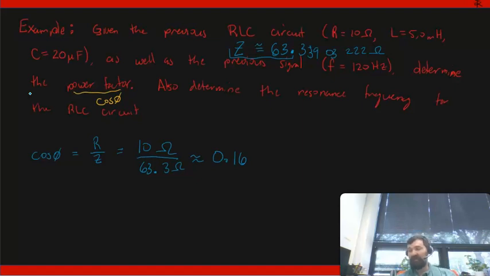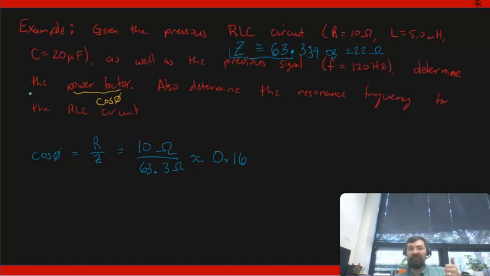Now note that a power factor of 1 essentially means that the impedance and the resistance are equal, and so we're dissipating a lot of power. At the other extreme, if I have a power factor of 0, that essentially implies a very, very large impedance compared to the resistance.